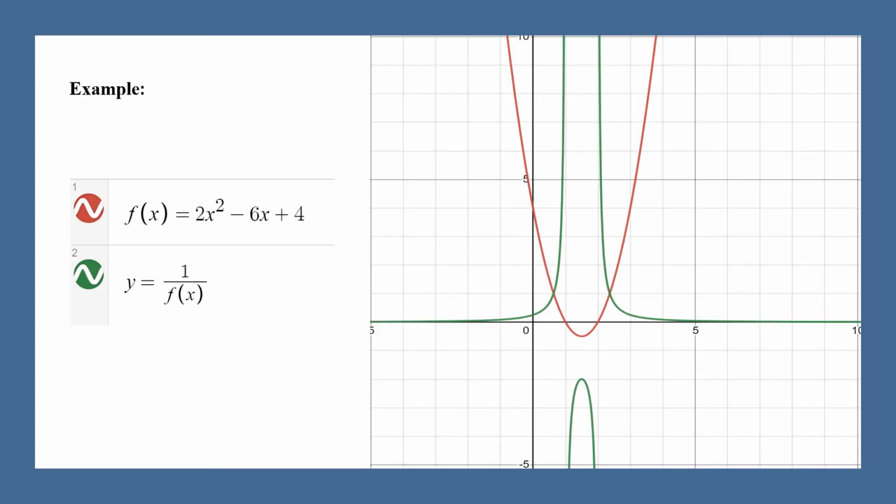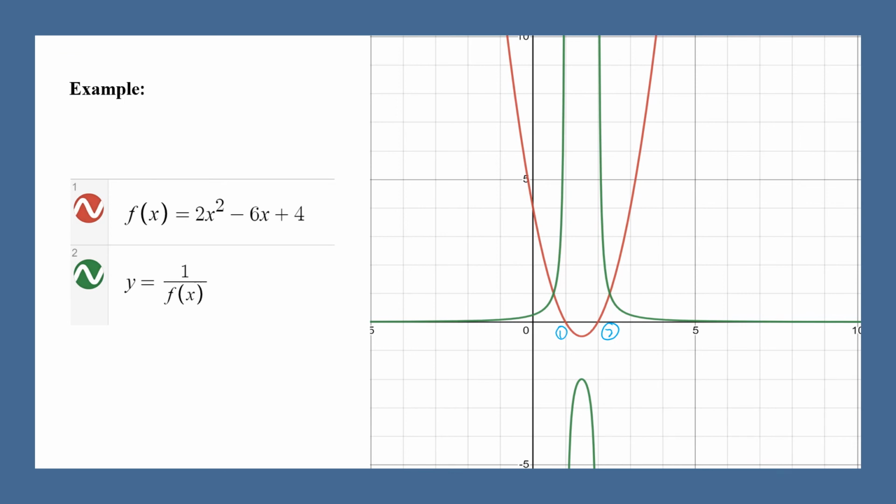Let's take an example to see f of x and y is equal to 1 by f of x. This is a quadratic function, 2x squared minus 6x plus 4, and it passes through the x-axis at two places, 1 and 2 right here.